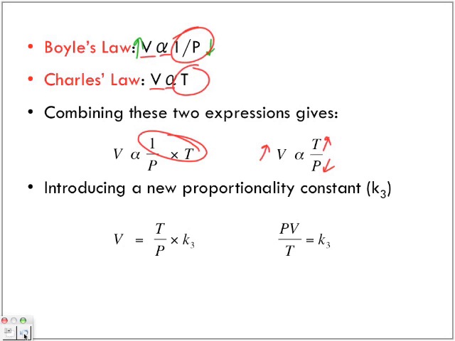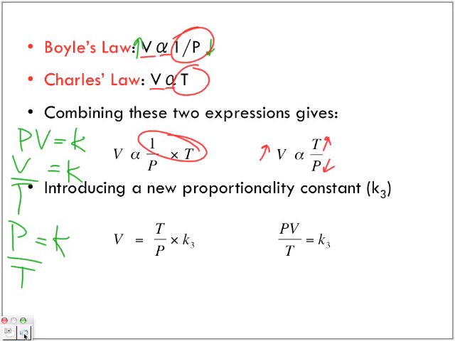So now notice pretty much the way we've arranged our letters, PVT, right? Think about Boyle's law, and its constant. Think about Charles' law, and its constant. And think about Gay-Lussac's.